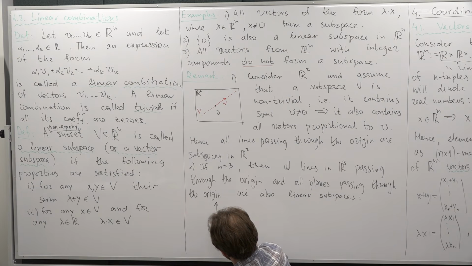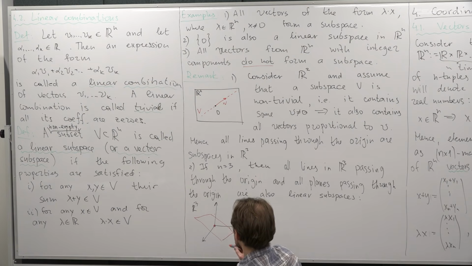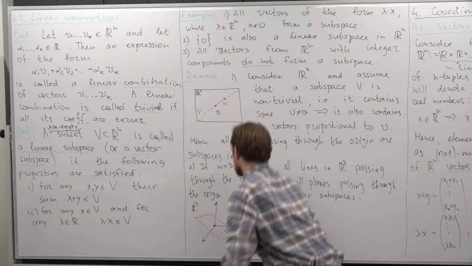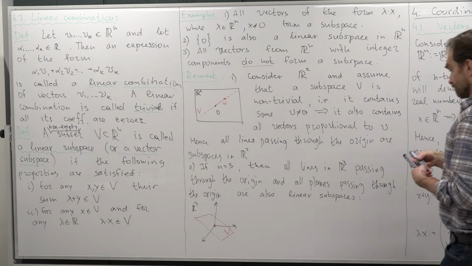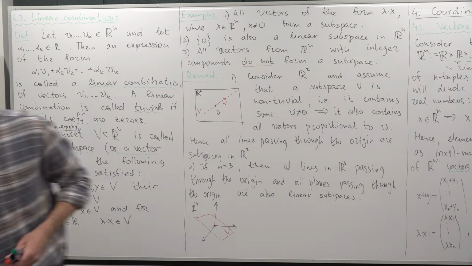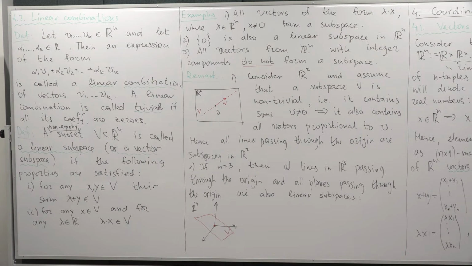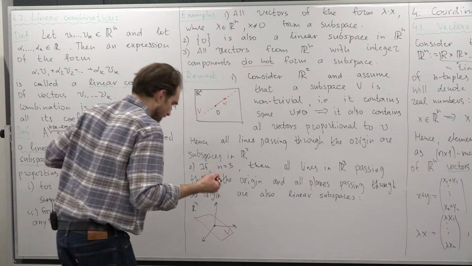So I'm going to consider the coordinate space R3, and in this case every plane passing through the origin forms a subspace, just because of the sum of every two geometrical vectors.